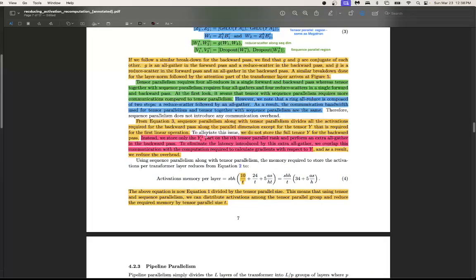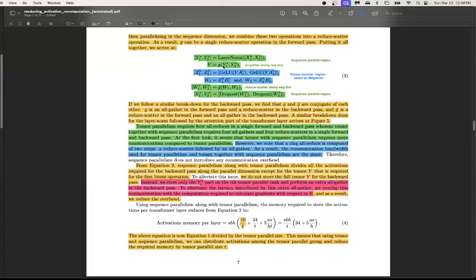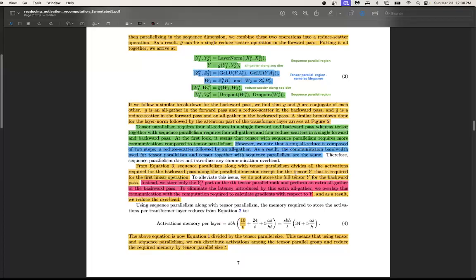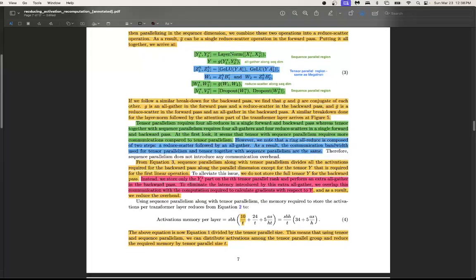One more thing we should mention here too. One unintuitive thing they do, or it's not obvious from the math, is they don't store the entire all-gathered Y tensor for the backward pass. This makes sense because they're trying to reduce peak memory, right? We don't want to store the full thing if we don't have to. So they store only the shard that device is responsible for, but then they perform an all-gather during the backward pass when it's needed.